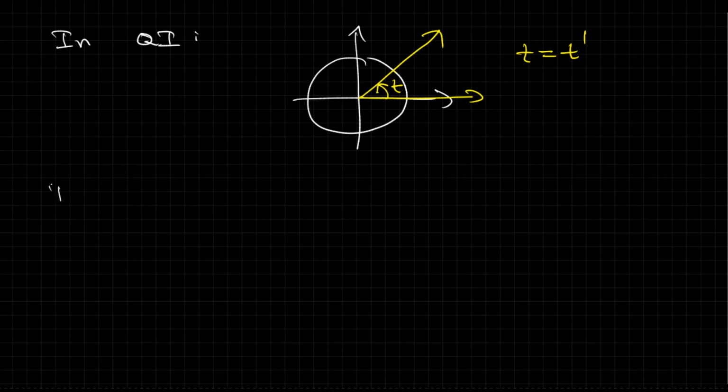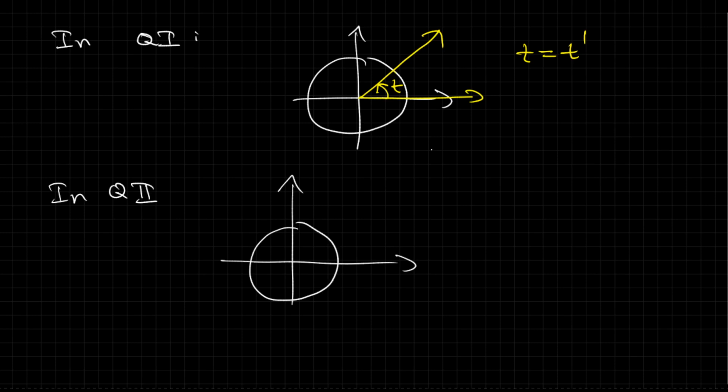In quadrant 2, we're not so lucky. So in quadrant 2, the picture would look something like this. So there's my T, and here is my reference angle, T prime.